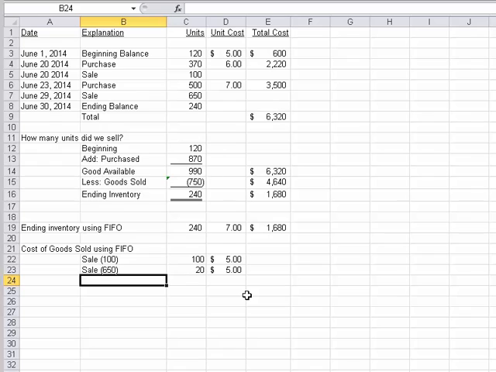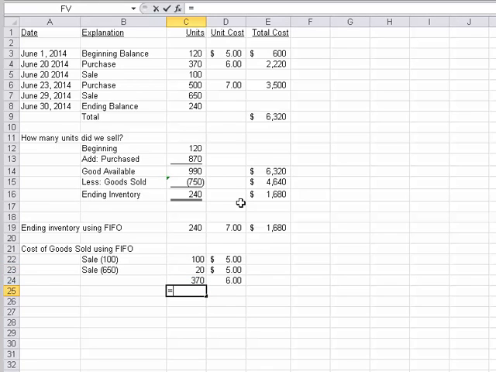So on that same sale of 650 units, I now am going to take care of that entire 370 units purchased. And those cost us $6 each. Alright, well, I still have to get to 650 units. The sum of those is 390.